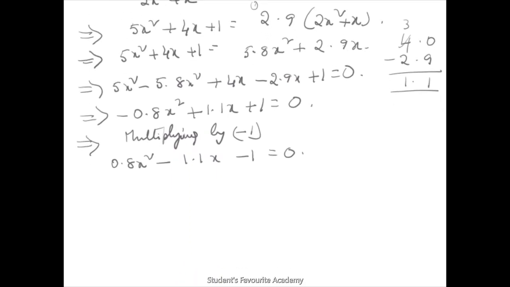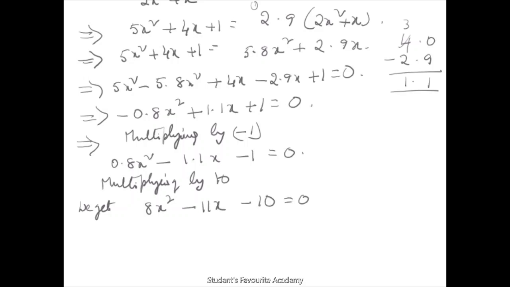Now if you multiply throughout by 10, the decimal will go. So multiplying by 10, we get 8x square minus 11x minus 10 is equal to 0, right?